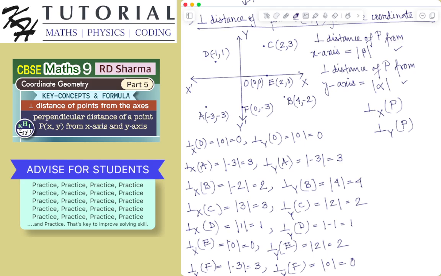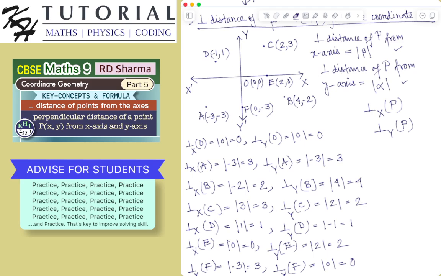So the signs negative and positive are only used in the coordinates, that is in the abscissa or ordinate. If the value of an abscissa or x coordinate is positive, it only means that it is in the positive direction of the x-axis, that is, to the right hand side of the y-axis. And if it is negative, then it is along the negative direction of the x-axis, which is OX dash.